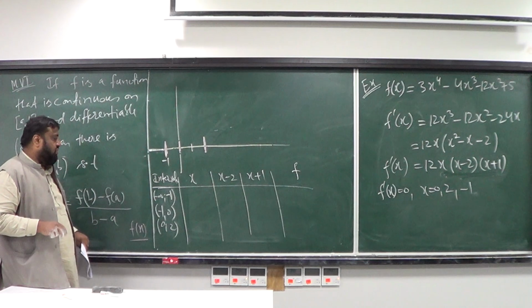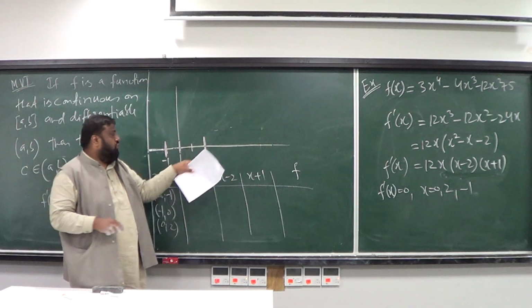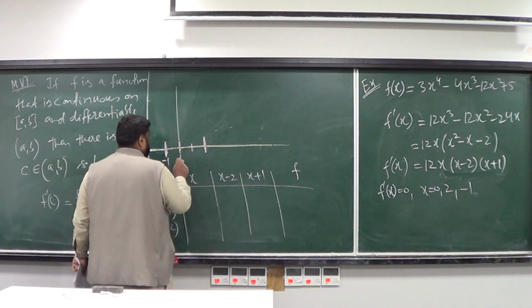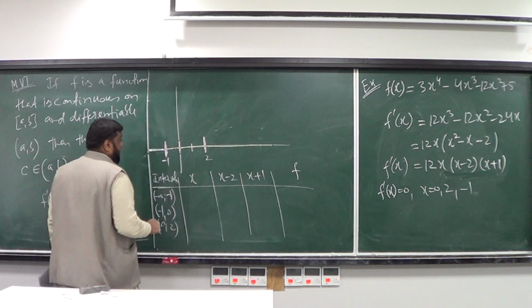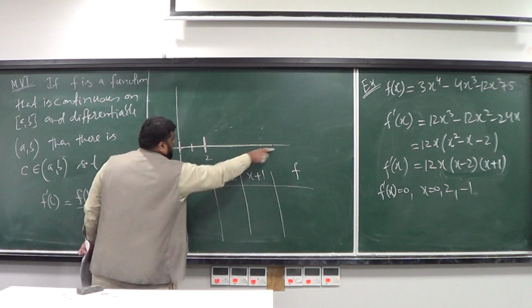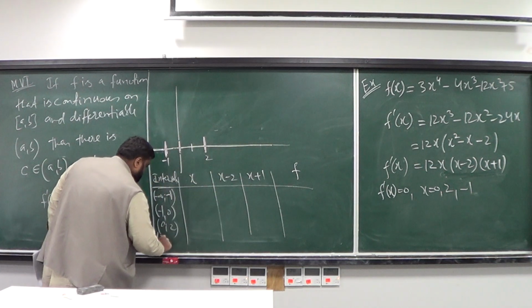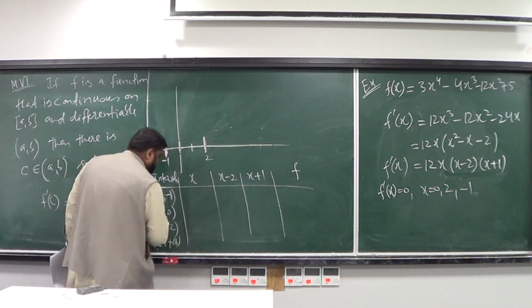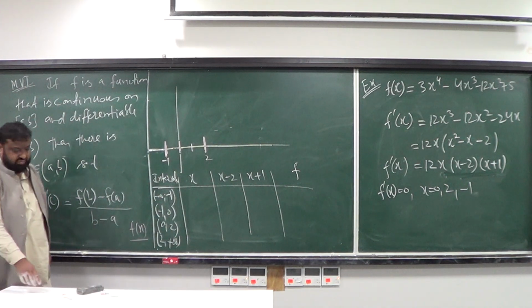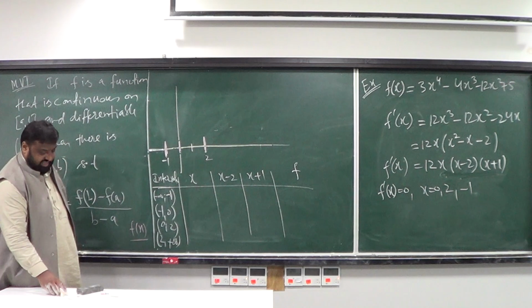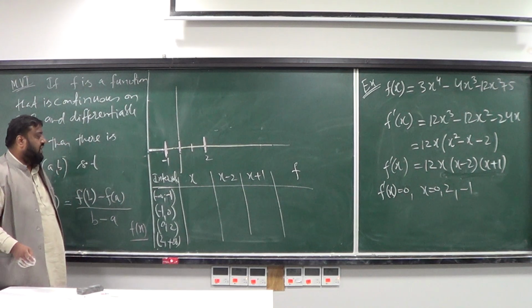So that's what you always have to do. So this is 0 to 2, because this is -1, this is 0 and this is 2 actually. And the final one is going to be 2 to positive infinity. Okay.